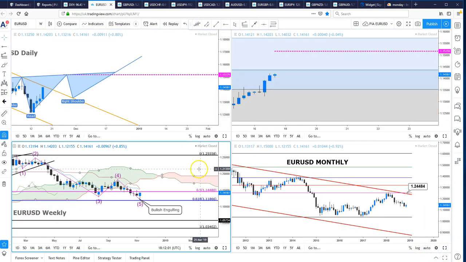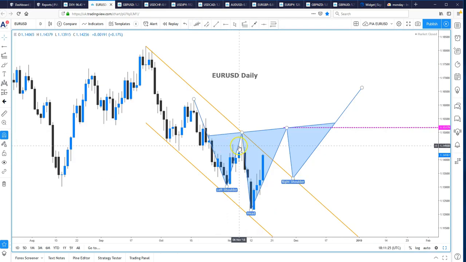If we go to the daily chart, here we can see that we've got a channel resistance, but we haven't really got any bespoke resistance until this level, which is 115.17. We could stall there, and what I've highlighted here is the possibility of a reverse head and shoulders.